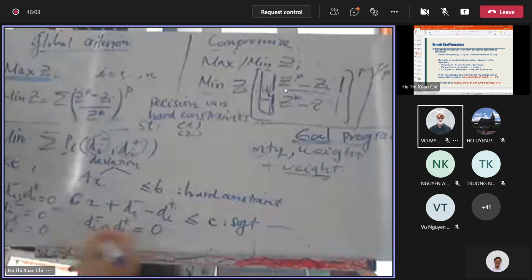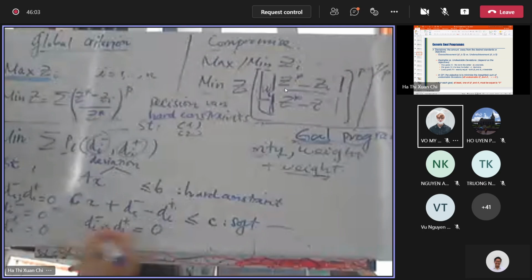And D1 plus and D1 minus are greater than or equal to 0. Okay, that is the general form.